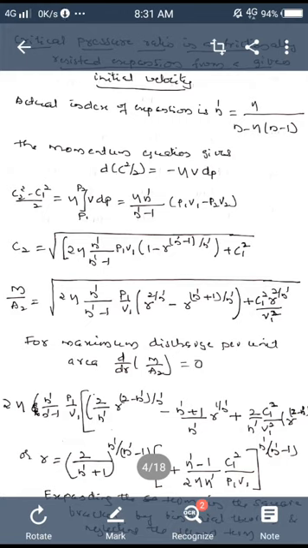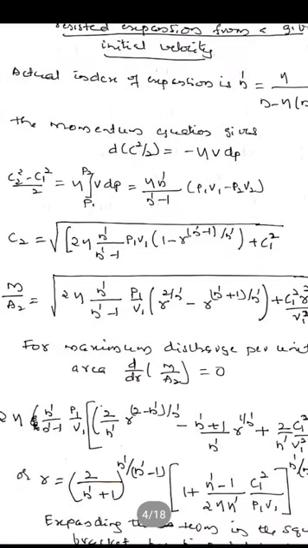Differentiating m/A2 with respect to r and equating it to 0, we get the critical pressure ratio r = rc = (2/(n' + 1))^(n'/(n' − 1)) [1 + C1²/(2η n'/(n' + 1) P1V1)].